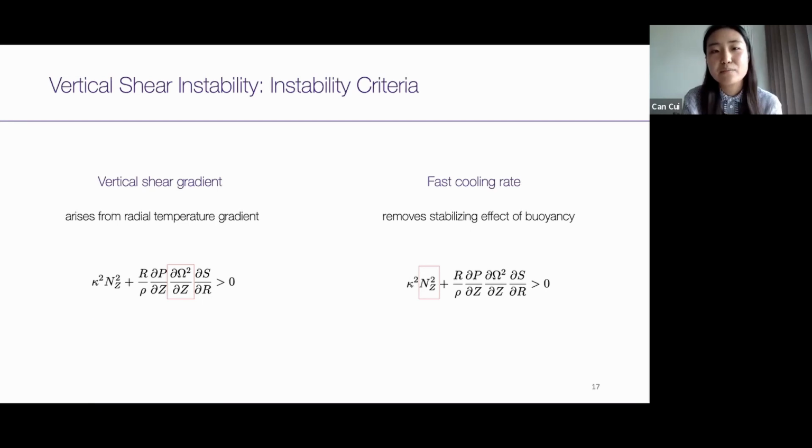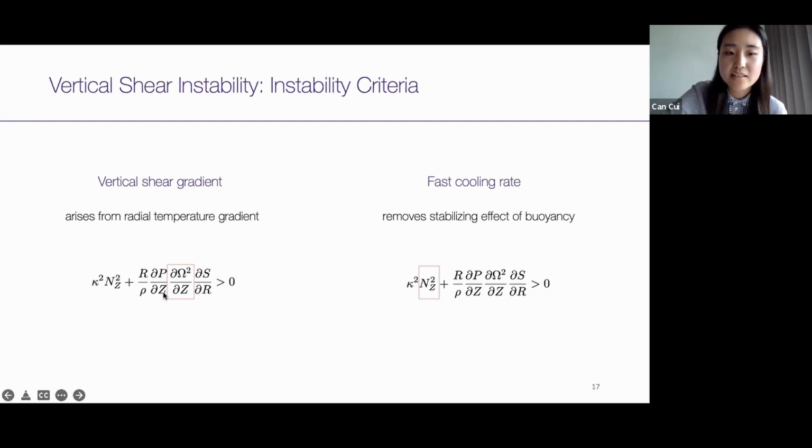About the VSI instability criteria, there are two conditions that shall be satisfied for this instability. The first one, by its name, stresses the vertical shear gradient in the disk. This term actually manifests in the second inequality of the Solberg-Høiland criteria.